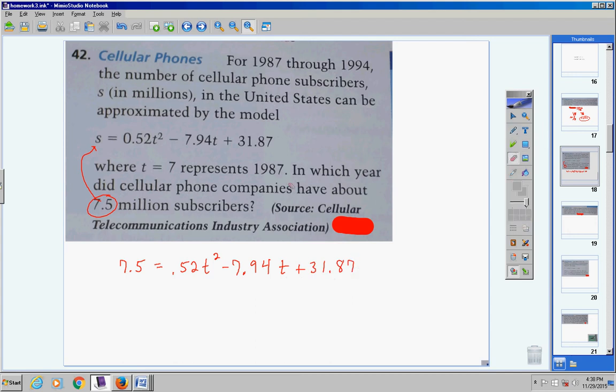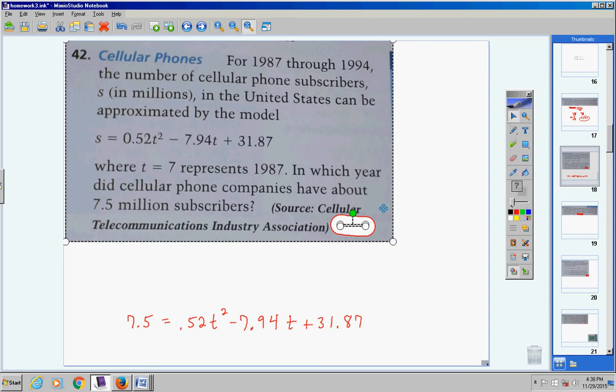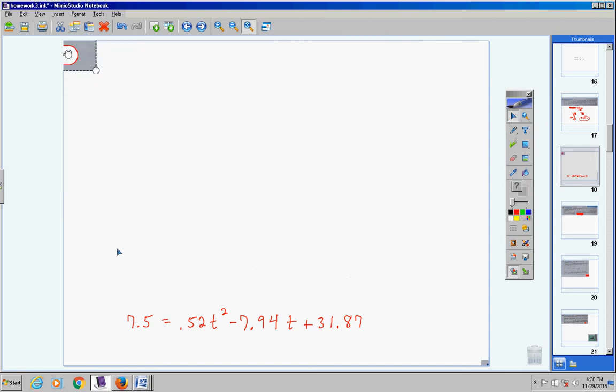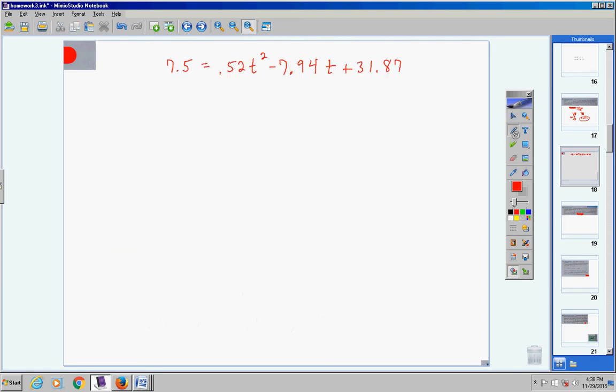So here's what I have to do now. I have to solve this equation for T. Now, yes, we have decimals, and yes, that's going to be a pain, but other than that, it's really not too difficult, guys.